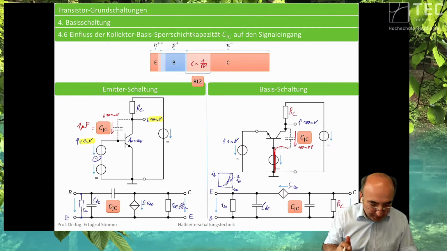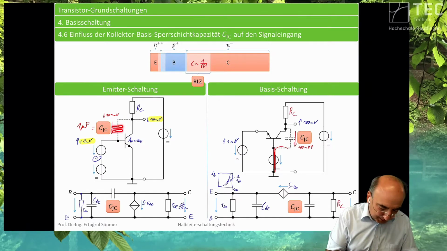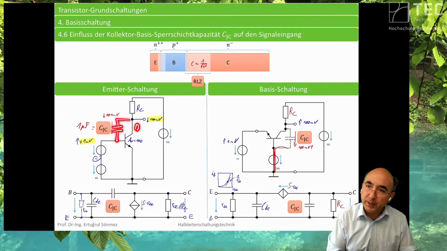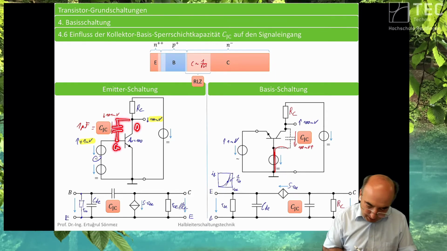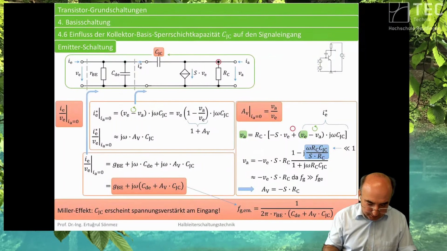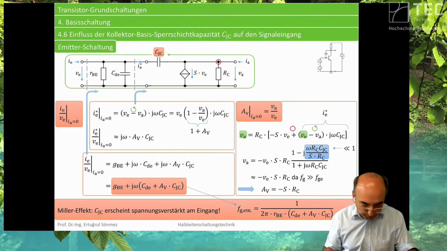Okay, so we have this capacitance between the so-called drain, in this case now a MOSFET, and the gate. This capacitance is calculated in the small-signal manner.